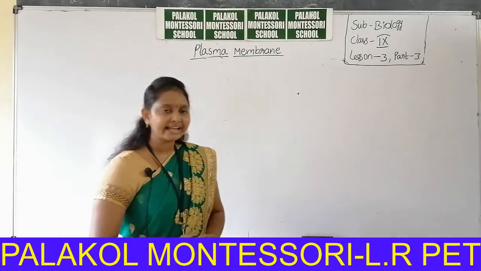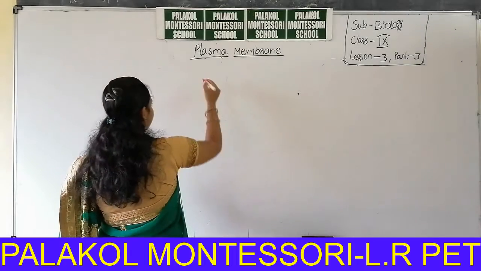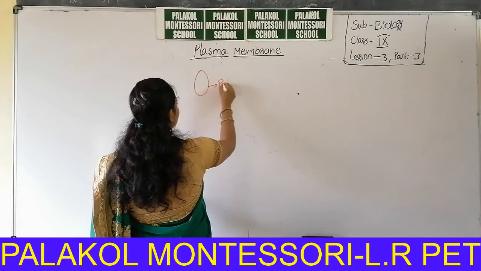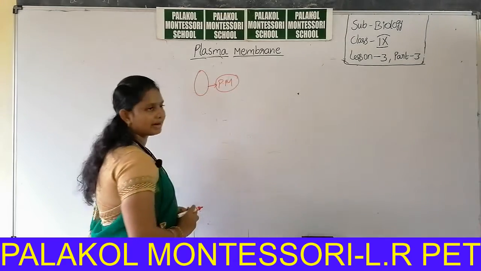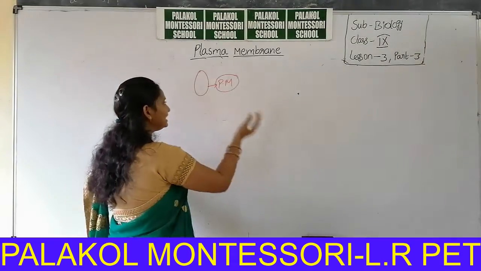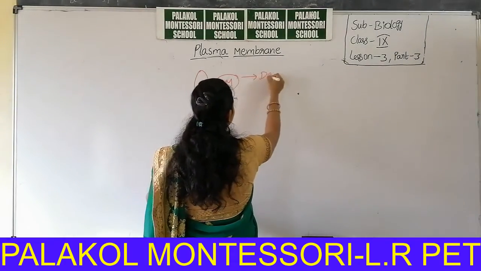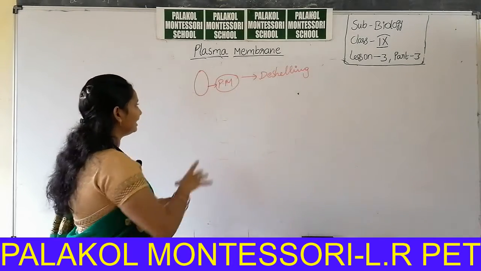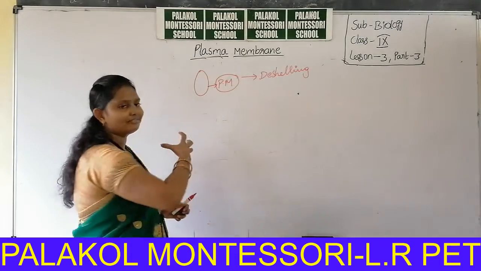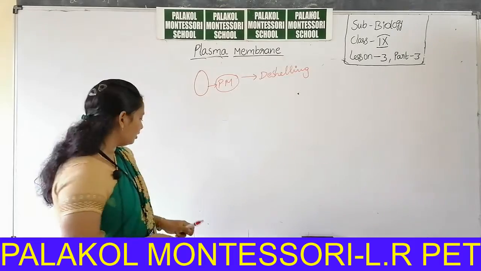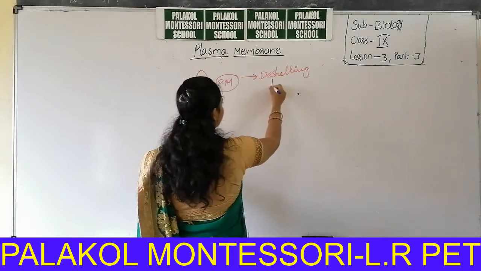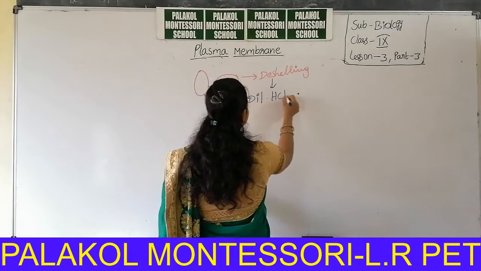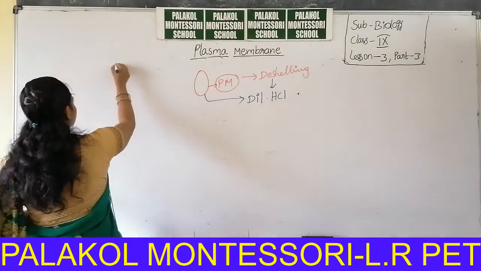So if you take an egg, the outermost layer is nothing but the plasma membrane. Is it correct? So after de-shelling, what will happen? The layer along with the inner content will come outside. How can we de-shell an egg? By keeping the egg in dilute HCl.